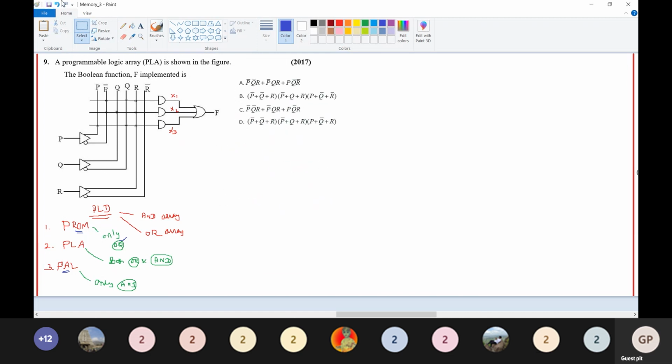So this function f is going to have three product terms x1, x2, and x3.